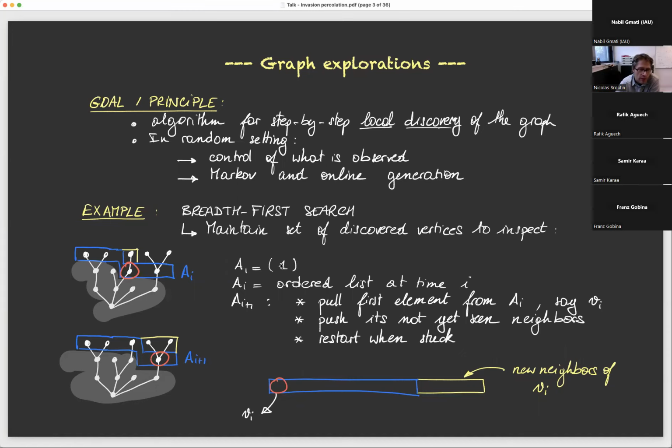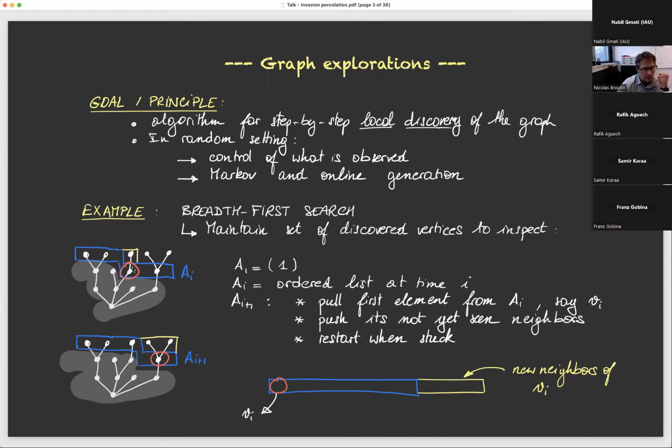You put 1 in your pile, and at each step, you will do the following. You take the first node of the pile, you look at its neighbors. Whatever neighbors you've not seen yet, you put them at the back of the pile. This is this drawing here. And you keep going like this. For example, if you go to the left, at some point you have the blue box, which contains the pile of nodes, and the red thing is the node that is first in the pile.